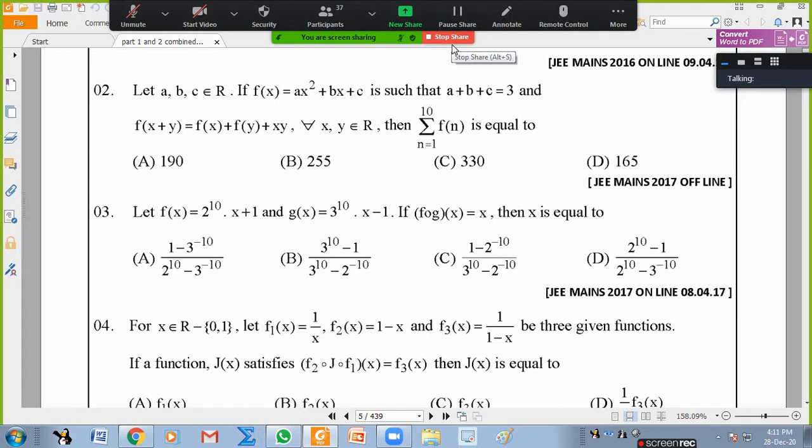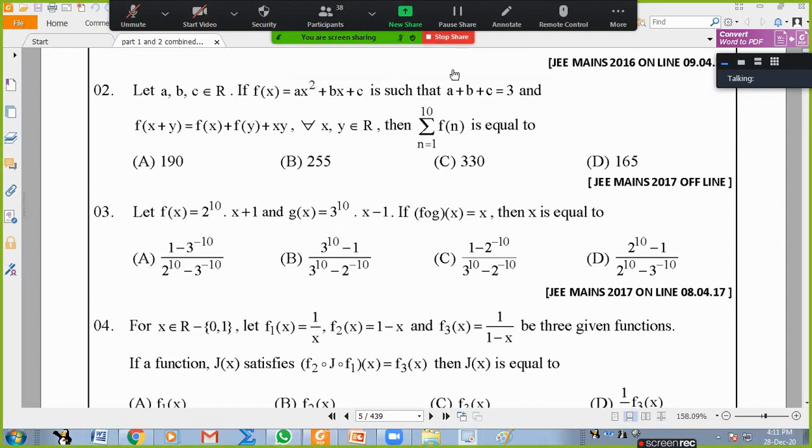Let us see. They already gave f of x equal to x square plus bx plus c. I can just substitute and use a plus b plus c equal to 3, and then it is true for all x and y. I can try to do it also.